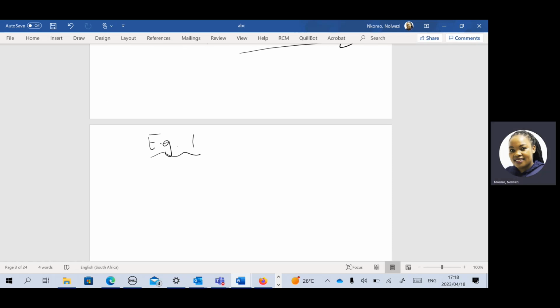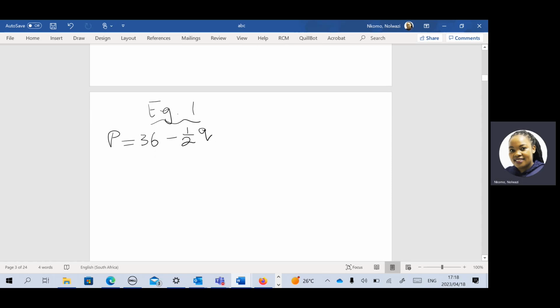Suppose you are given your demand function as P equals 36 minus 1 over 2Q, and you are asked to determine the marginal revenue. We said we can find the marginal revenue by differentiating the total revenue.